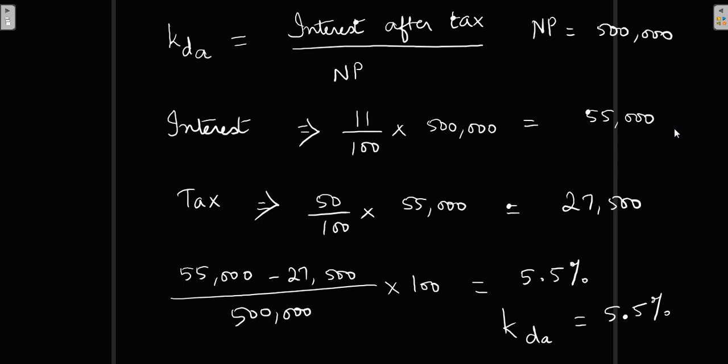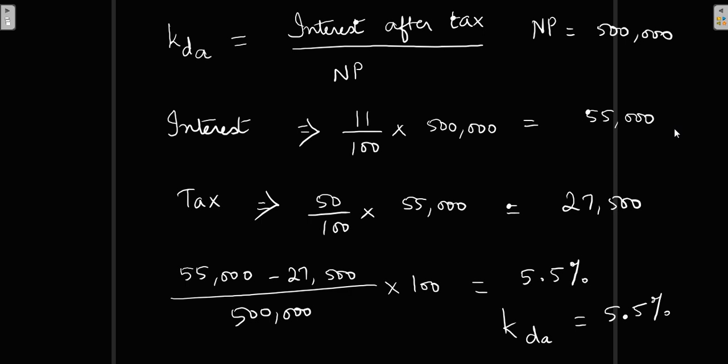Tax, they said 50% on the interest, that is 27,500. So interest 55,000 minus tax, divided by 5 lakhs into 100. The cost of debt is 5.5%.